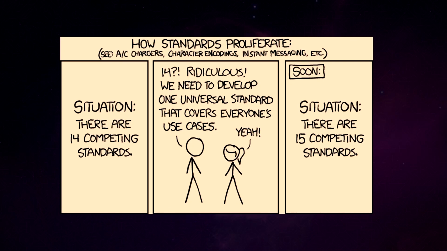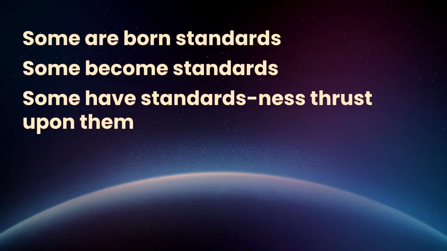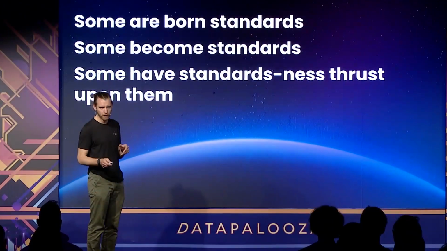So 14 competing standards, you need one to cover everyone's use cases, so then you have 15 competing standards. So I think that's actually an interesting thing about standards, that some things are born standards, so the standards I talked about before were defined as standards that people could build on. But some things become standards, and some things have standardsness thrust upon them. And so I want to talk about those latter two in a little bit more detail.